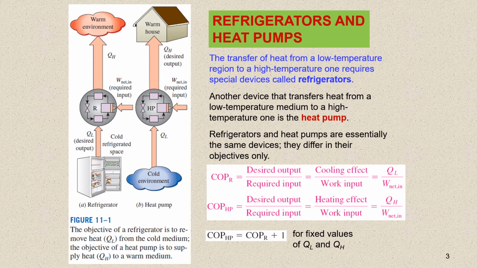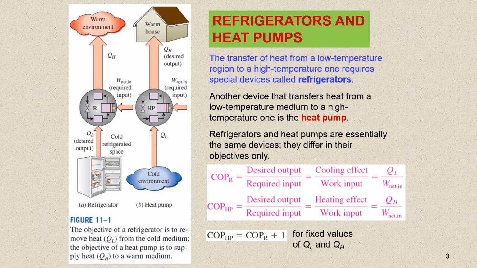The coefficient of performance of a heat pump, COP sub HP, is equal to the desired output divided by the required input, and also equal to the heating effect divided by the work input, which equates to Q sub H divided by W net in, the net work input.